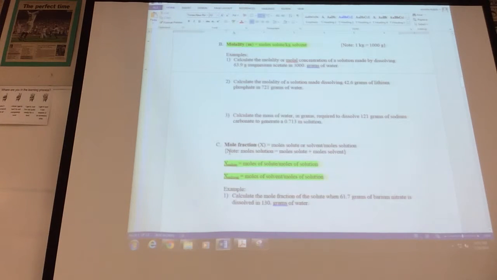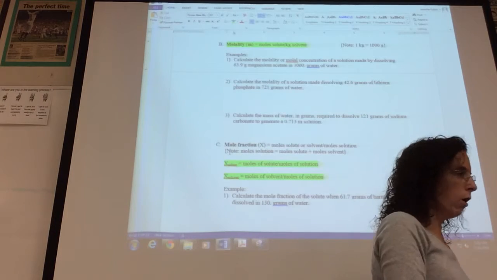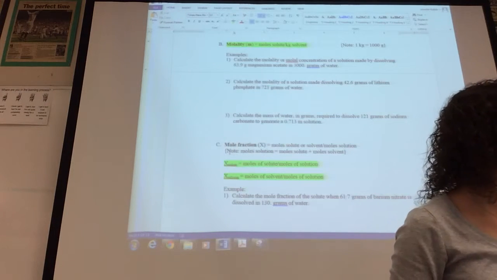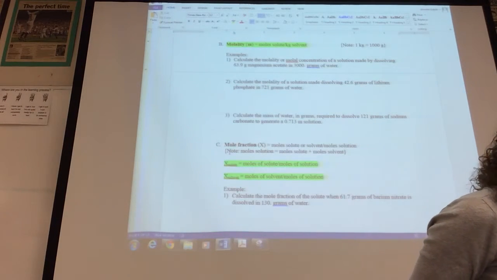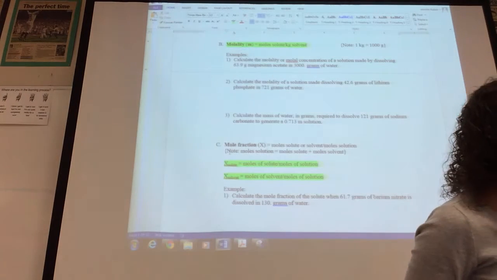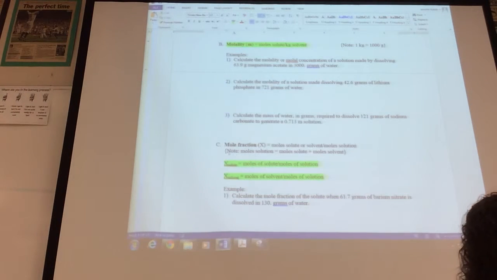And we're going to walk through these 3 examples here so that you're comfortable calculating molality. Like I said, this is very, very mathy, very straightforward. You're going to be very good at this. It says calculate the molality or molal concentration.